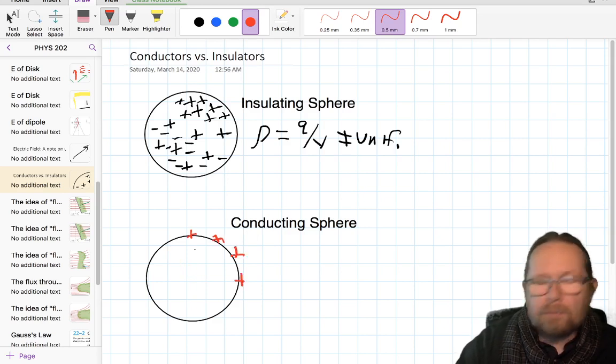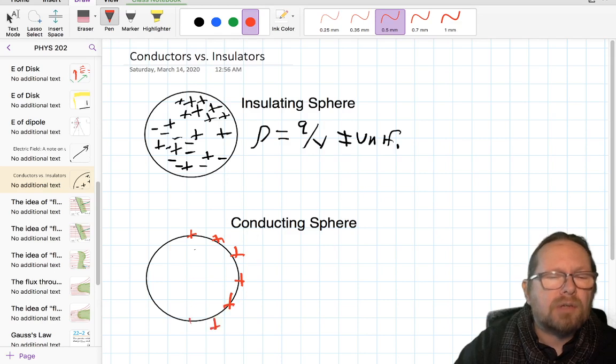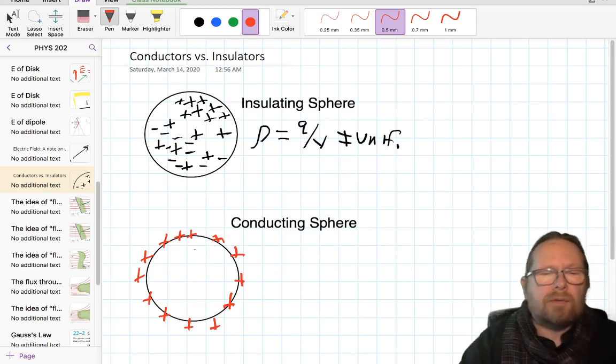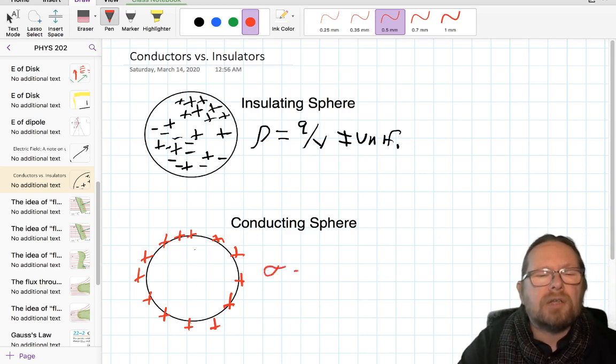So at equilibrium, if none of the charges are moving, and we're always assuming during these chapters on electrostatics that the electrical charges are not moving, the electrical charge of a conductor resides on the surface. So we can write that the surface charge density of this conductor is some charge per unit area.